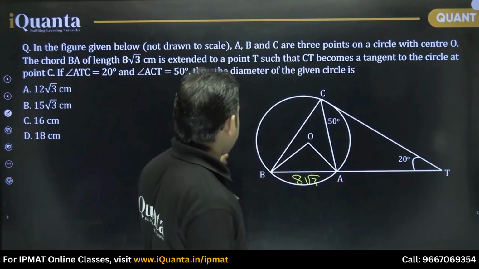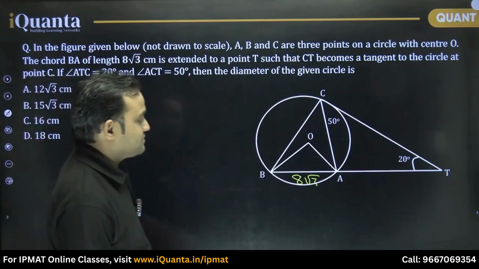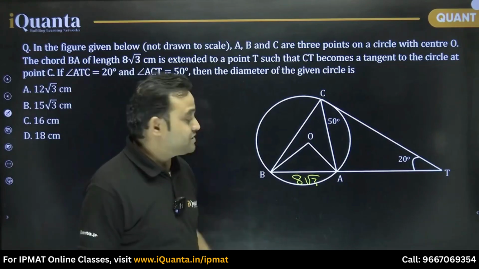Angle ACT is given, which is 50 degree. Then the diameter of the given circle. Nice. We need to find the diameter of the given circle.